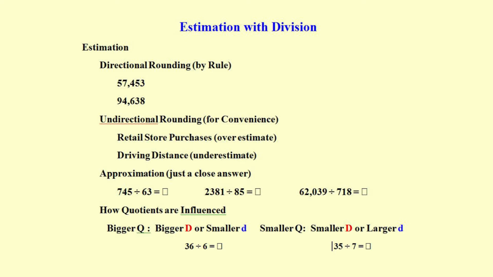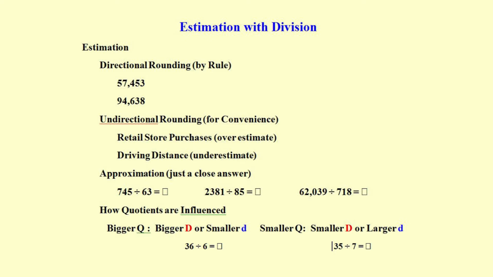down there at the bottom of that page, it says how quotients are influenced. How are quotients influenced? If I want the quotient to be bigger, in other words, if I want to overestimate, there are things that I could do to the dividend or to the divisor that will give me an overestimate. Then we want to find out, well, what underestimates the value of Q? What makes Q smaller?